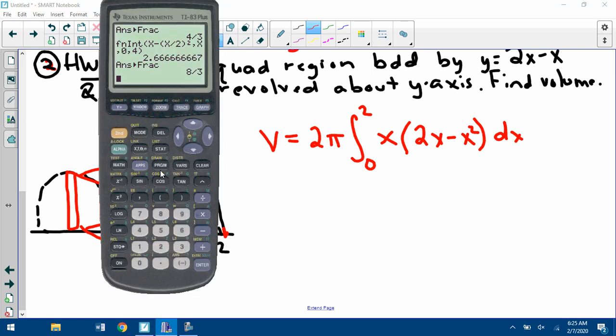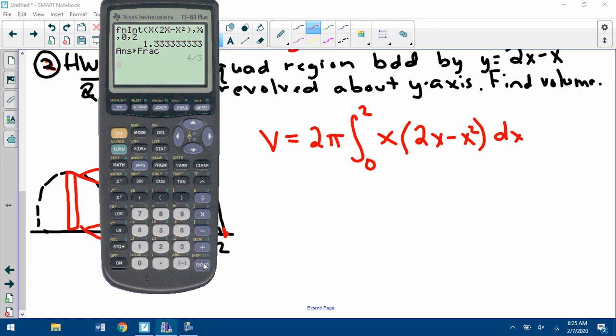That's all it is. So I can just type math 9, x times 2x minus x squared, comma x, comma 0, comma 2. It's that same answer we got a second ago.